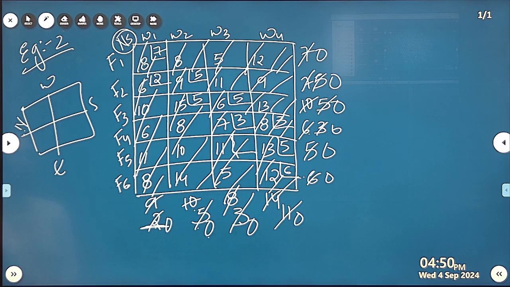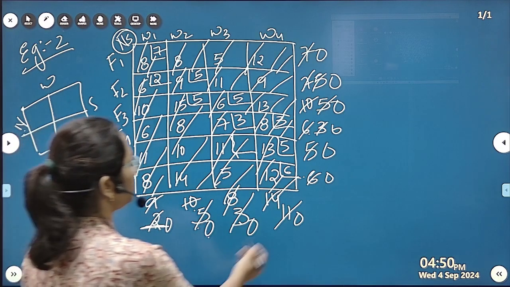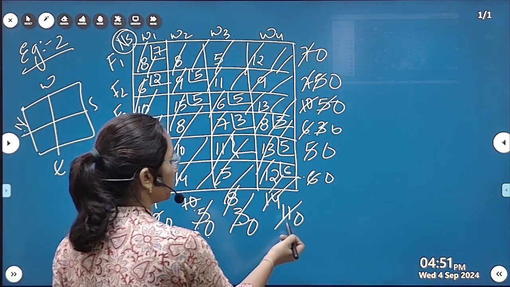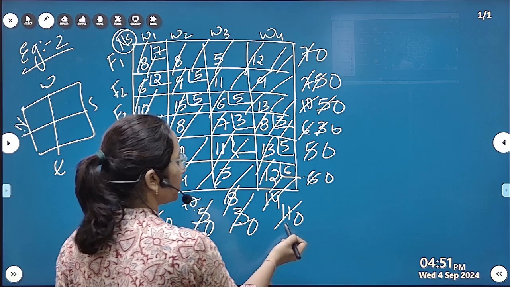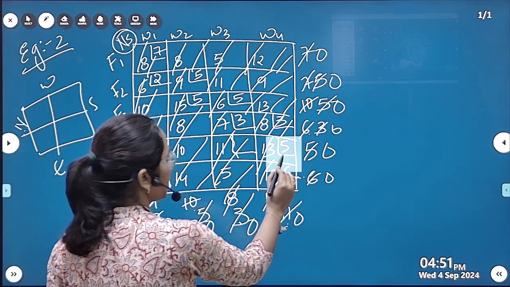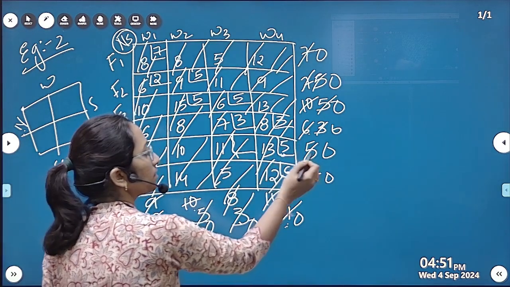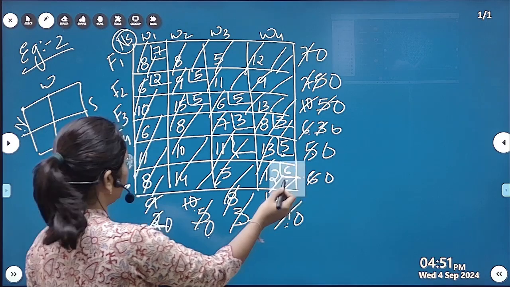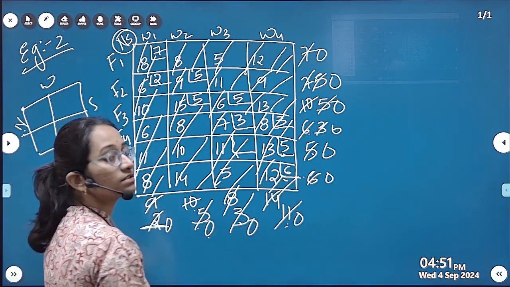Clear everyone? Ma'am, will this be 11, or this one? Yes, this one, ma'am. Yes, here we took 5 units in F5, right? Yes ma'am. Next in F6 we took 6 units.